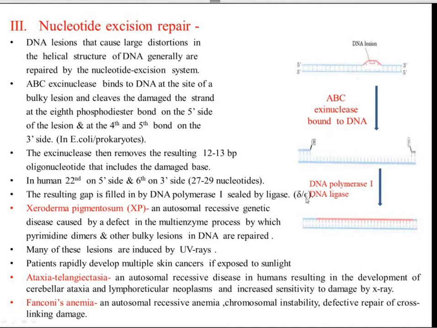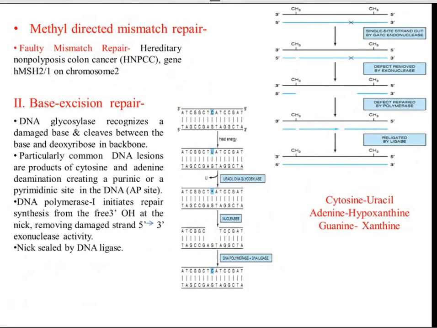So once again, the difference between base excision repair and the nucleotide excision repair. In the case of base excision repair, what we had seen was there is a removal of a base directly.